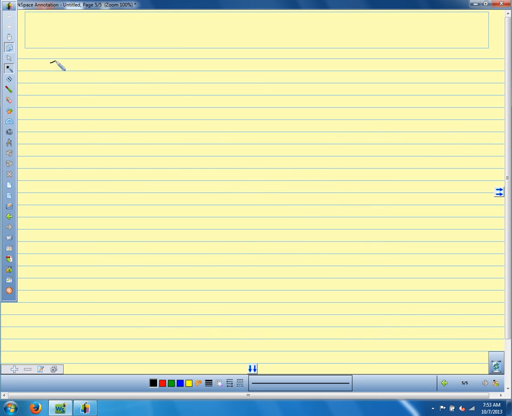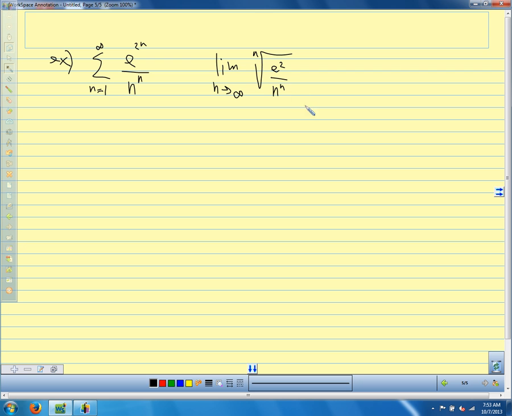So if we look at the sum, n equals 1 to infinity of e to the 2n over n to the n. We could use the ratio test here. But because we have this nth power, the root test is going to be nice because we just look for the limit as n approaches infinity of the nth root of e to the 2n over n to the n.